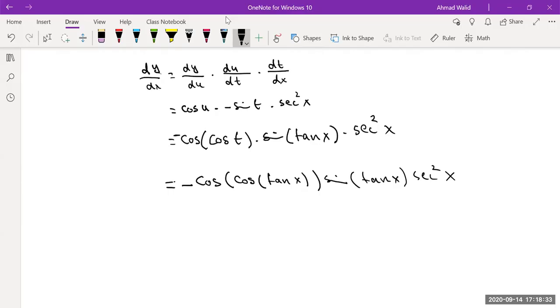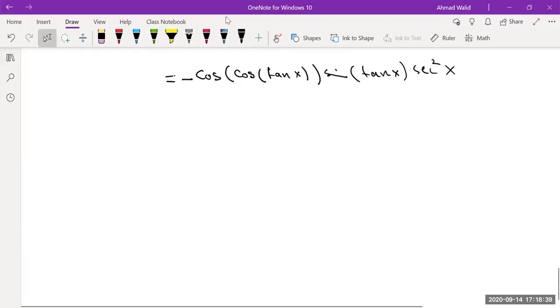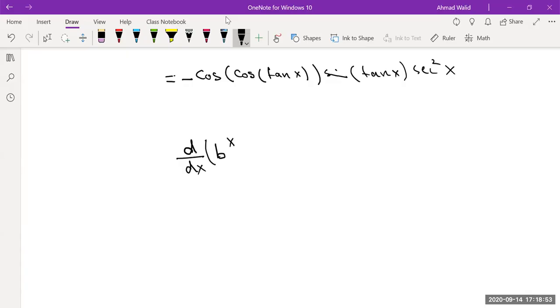Last part of your lecture. I'll give you another formula here. I will not prove it, just memorize this formula. The derivative d over dx of b to the power of x, any function that's b to the power of x, where b is a constant, 2, 3, 4, 1/2, whatever that number is, is always b to the power of x times ln b.